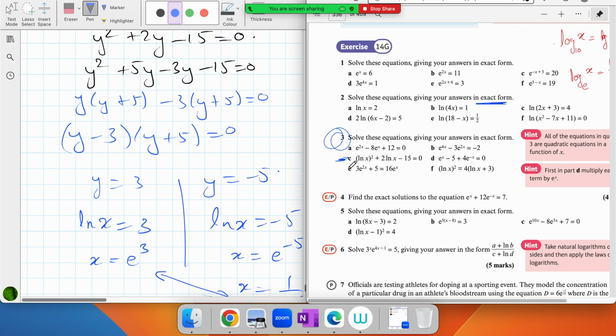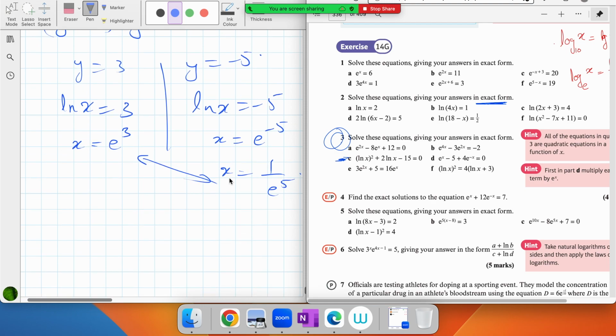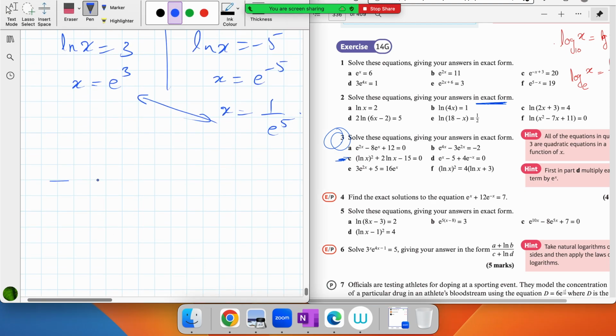Once you apply the laws of logarithm, yes, Mohammed? If we have ln x is equal to 4, yes, that will be e raised to power 4. Basically, ln x is equal to 4.